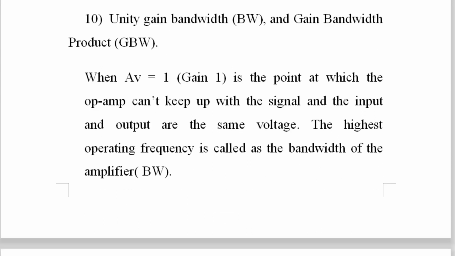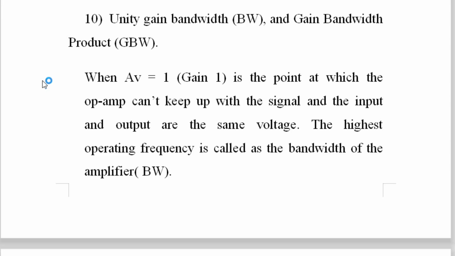Then there is one more parameter, unity gain bandwidth. In case of an operational amplifier, there is always a relationship between the bandwidth and gain of the amplifier. Bandwidth is given in megahertz, and when the bandwidth is increased, of course the gain will decrease.